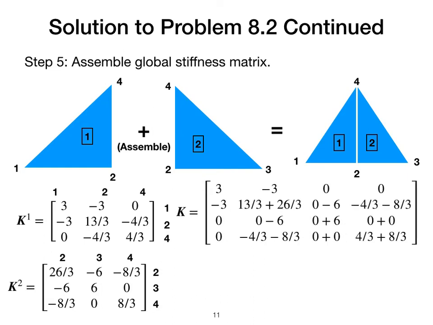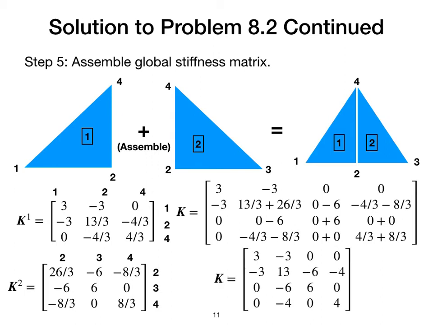So K will be equal to a matrix containing 3, minus 3, 0, 0, minus 3, 13 over 3 plus 26 over 3, 0, minus 6, minus 4 over 3, minus 8 over 3, 0, 0, minus 6, 0 plus 6, 0 plus 0, 0, minus 4 over 3, minus 8 over 3, 0 plus 0, 4 over 3 plus 8 over 3.